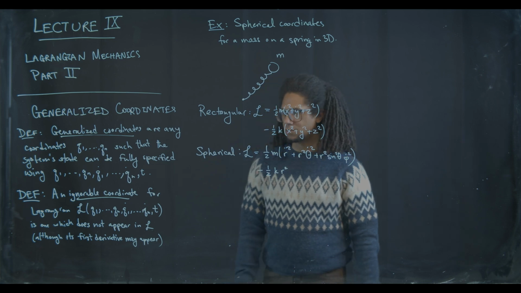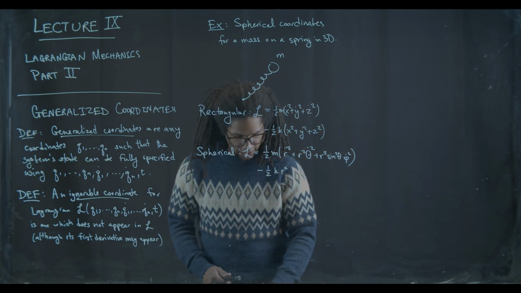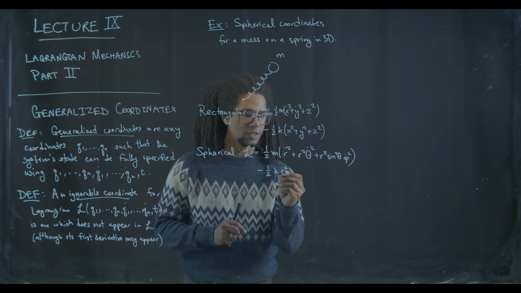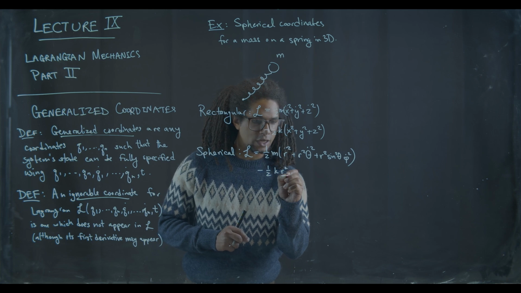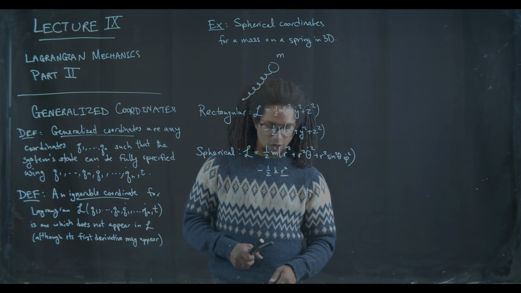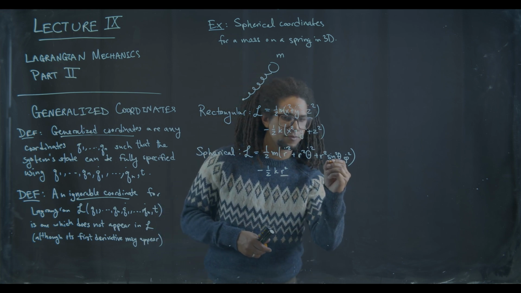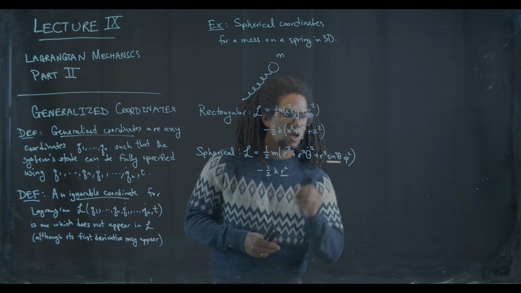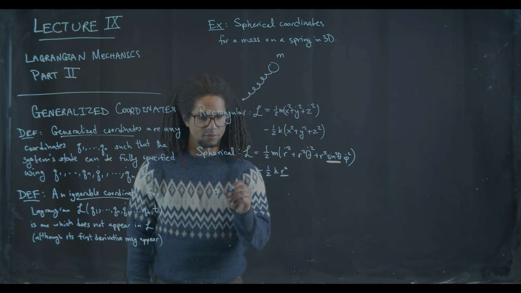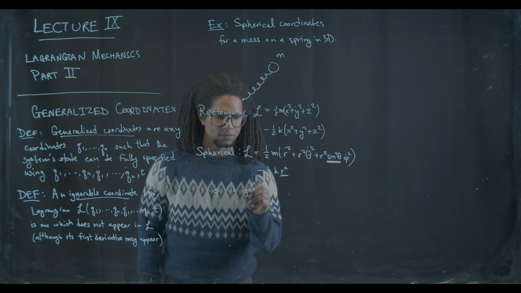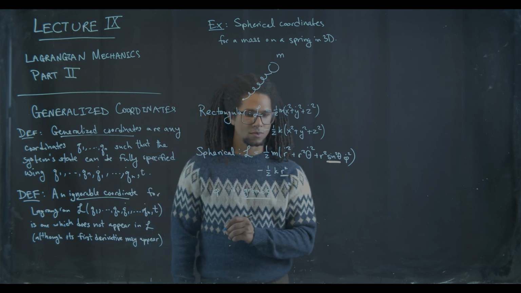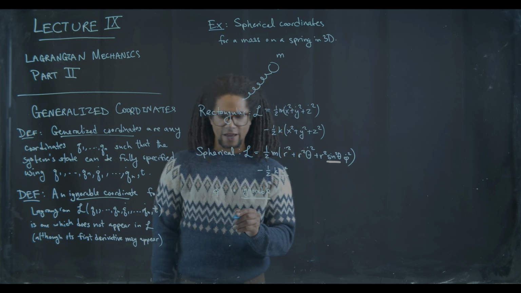All right, good. So in this case, let's check r, theta, and phi, just to be as clear as possible. Notice that r does appear here, but theta and phi, and theta appears here, but phi does not appear here. All right, let's see what that entails.